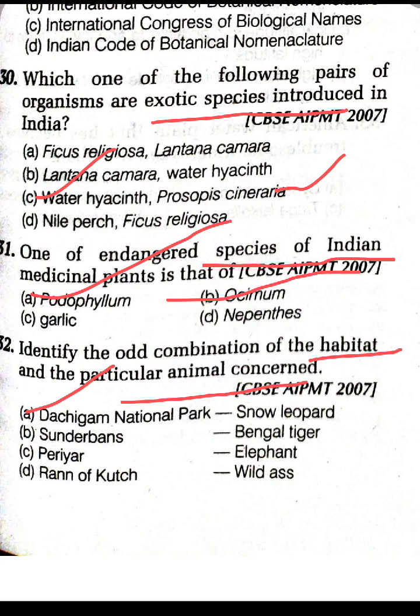It is situated in Jammu and Kashmir near Dal Lake. It is known for the conservation of Kashmir stag, which is also called hangul. So option number A is the right answer. Sundarban is famous for Bengal tiger. Periyar, it is present in Kerala and famous for elephant. Rann of Kutch for wild ass.